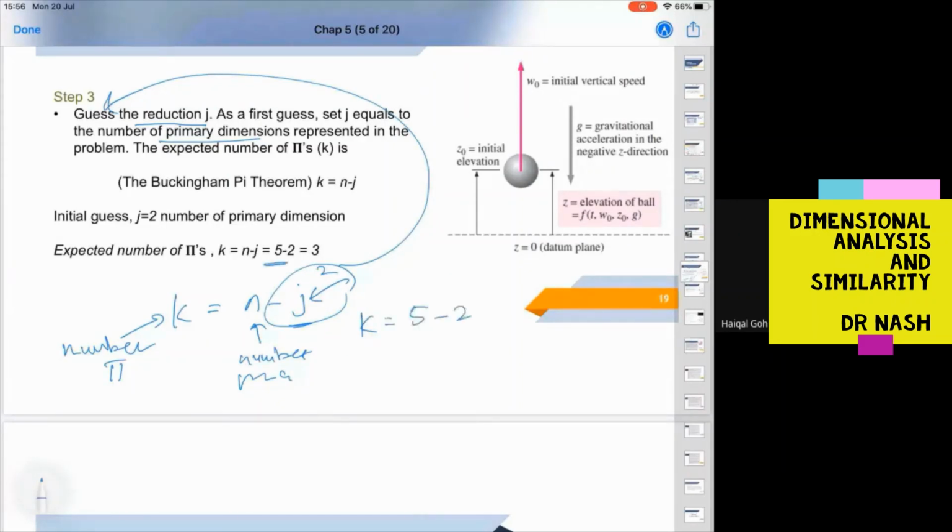Number of parameters kan tadi. 2 is J. Okay, and then K equals 3. So definitely in step 4 we should have pi 1, pi 2 and pi 3. Ada 3 K kan dalam kes ni. And pi 1 is dependent, pi 2 and pi 3 are independent.